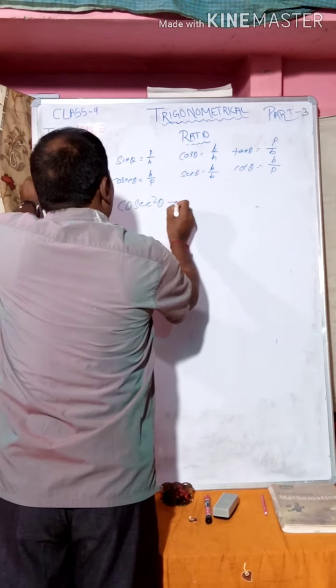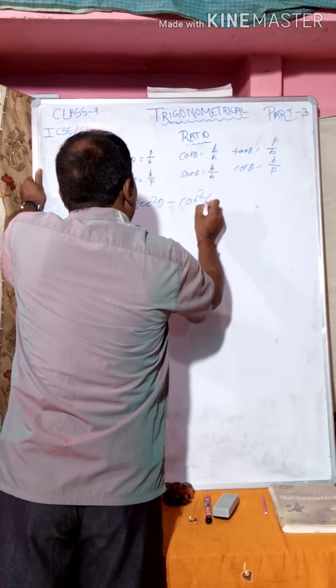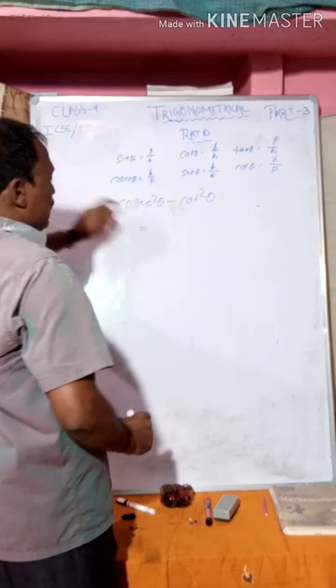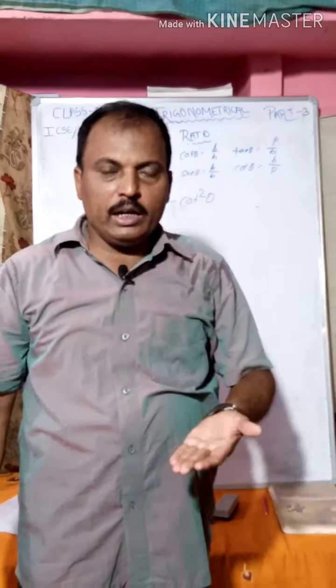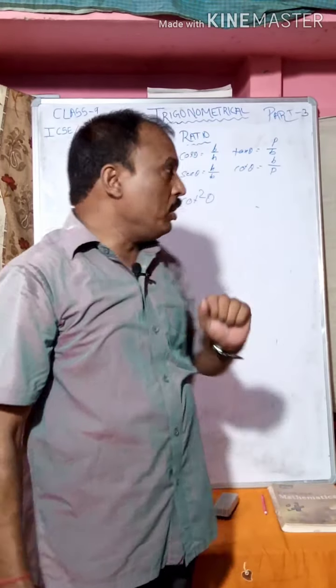Cosec square theta minus cot square theta is equal to, cosec square theta means cosec theta whole square, cot square theta means cot theta whole square.